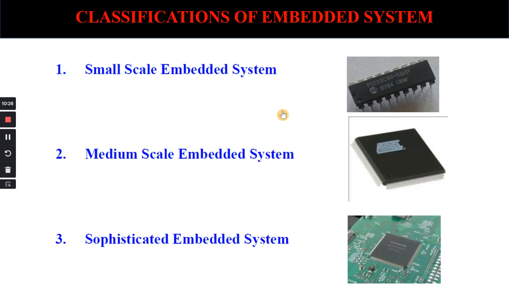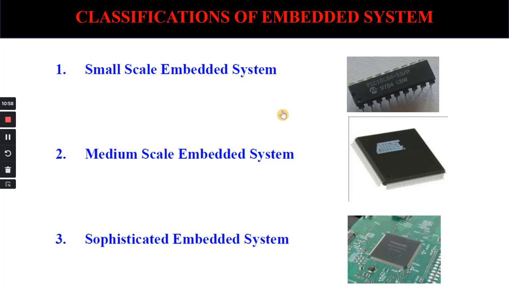What is a medium scale embedded system? It is an application that is a little bit advanced compared to small scale, like 40 pin ICs used to control ABS, because there are mechanical designs also. That is a medium scale embedded system. When you go to sophisticated, it is FPGA based or image processing, digital signal processing, a little bit advanced compared to medium scale again.